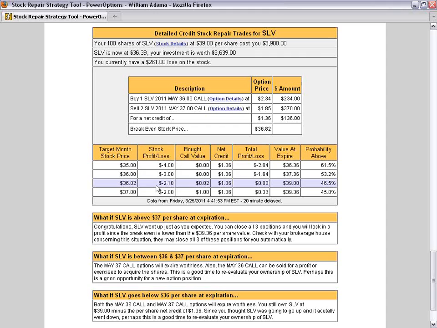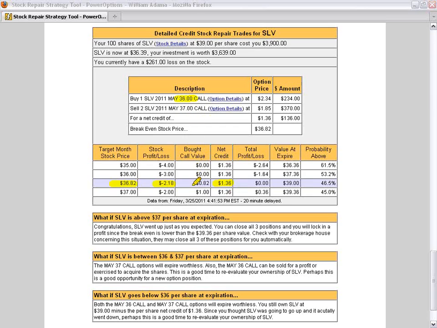Again, there are no tricks. I should stop saying that. If the stock was trading at 36.82 on May expiration, we'd have a loss of $2.18 on our stock. Remember, we paid 39. The stock's now at 36.82, so we have a loss of $2.18. We keep this $1.36 net credit, but remember we bought the 36 call and sold two 37s.